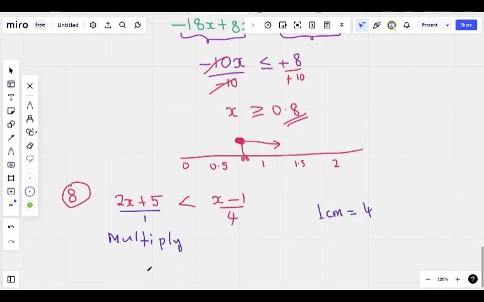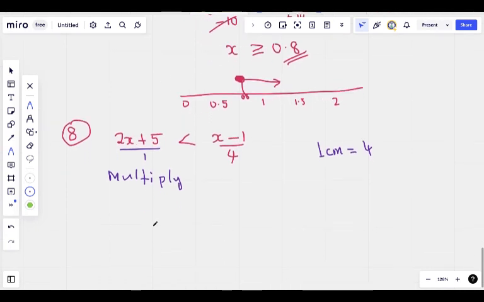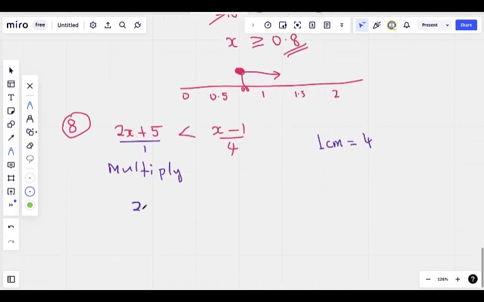So what I have here would be 2x plus 5. I'll multiply my left side with 4, is less than. The reason why we are multiplying both sides with 4 is to remove the fraction. x minus 1. Sorry.